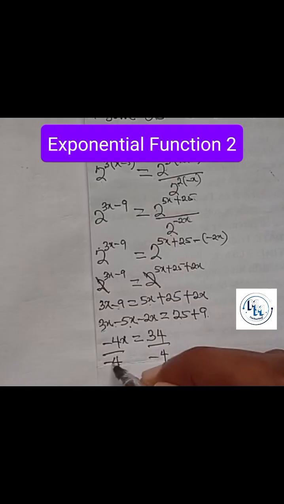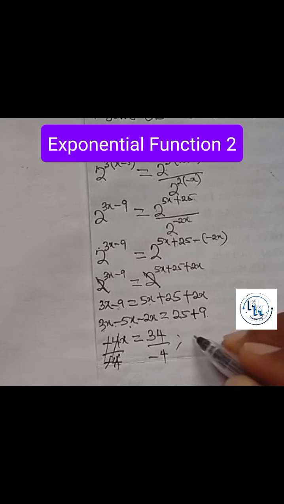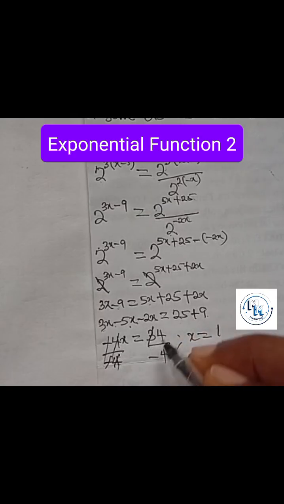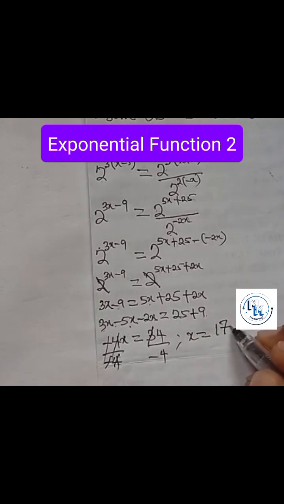The minus cancels minus, that's plus. 4 divided by 4, then I have x left here. So x is equal to, let's divide this side. Let me start from the simplest one, let me use 2. 2 in 3 is 1, remain 1. Then 2 in 14 is 7.